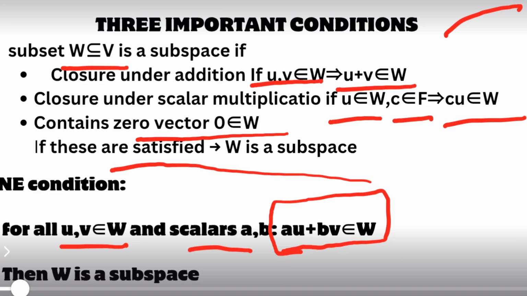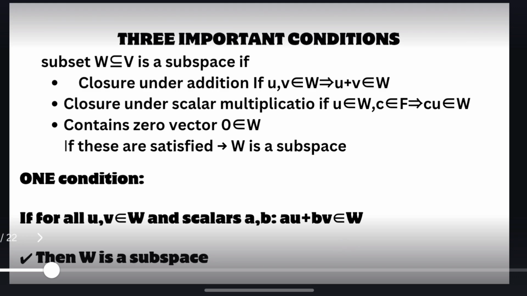No need to check those three conditions. Only check whether a u plus b v belongs to W or not. If satisfied, that subset is called a subspace. So we see the example.